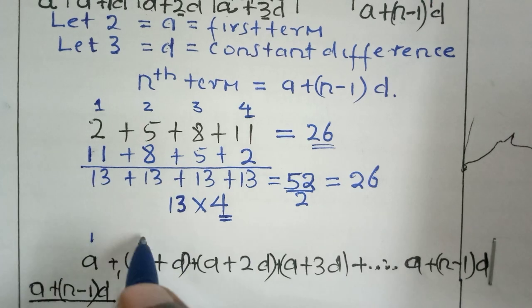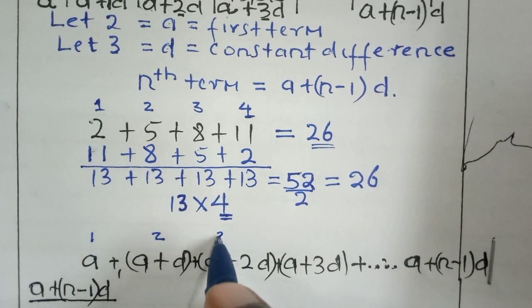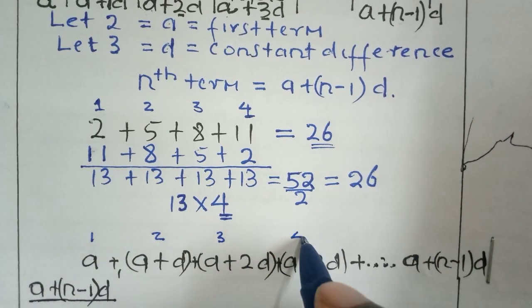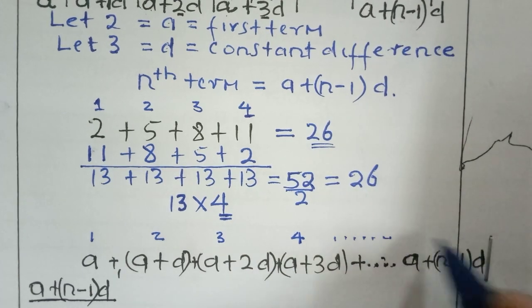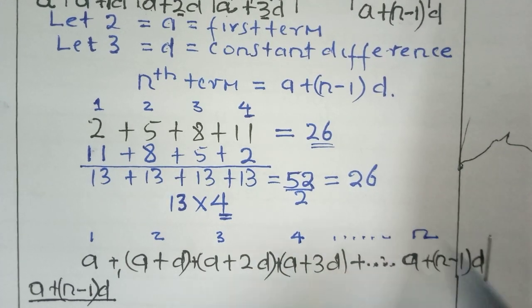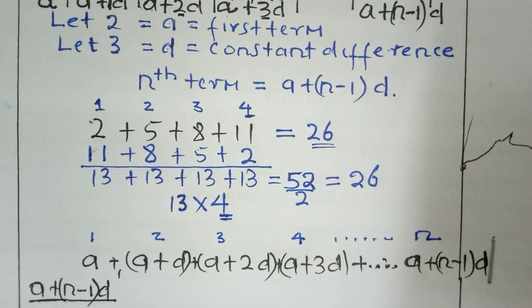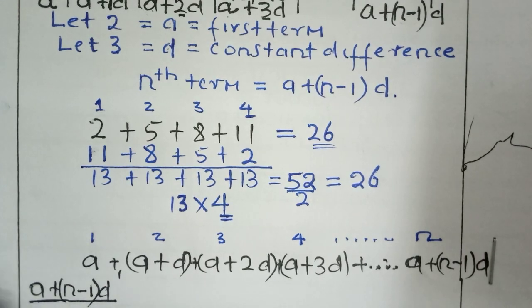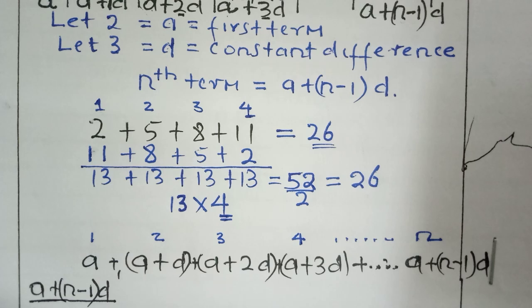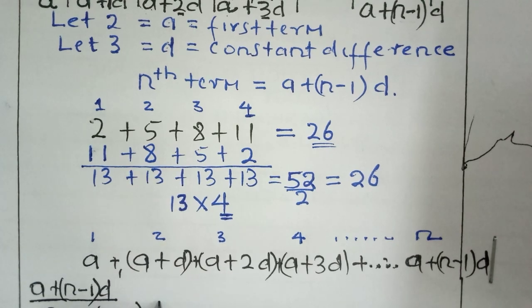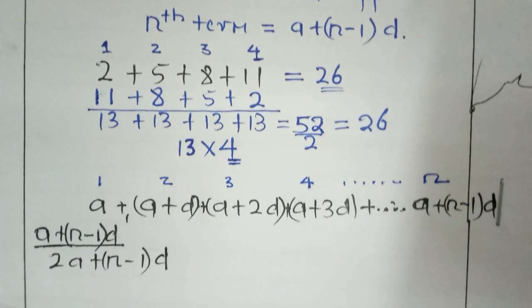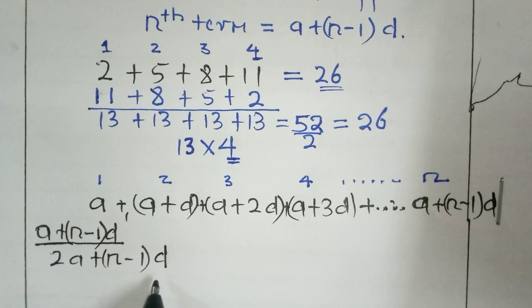That's the first, we have the second, the third, the fourth, and then several terms until we come to the nth term. So guys, we can add this. If we add that, we'll get 2a plus n minus 1 d. That's what we are going to get as our answer for that.